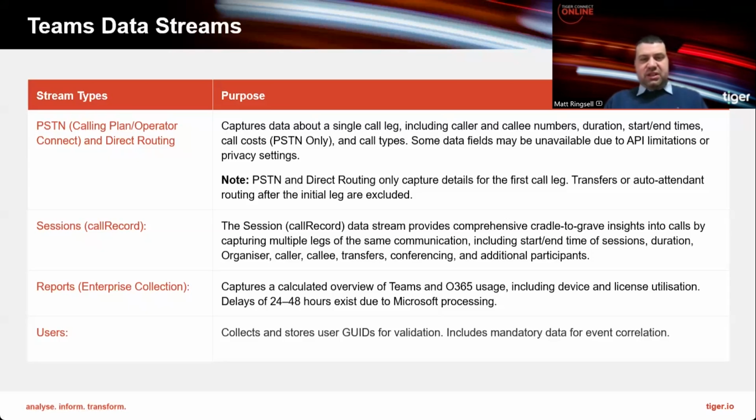Yeah. So the only downside between historically with phone systems, with the PSTN records, like what we used to see, is we would get all the transfer records, etc. With the calling plans on direct routing set, we only get the first record.